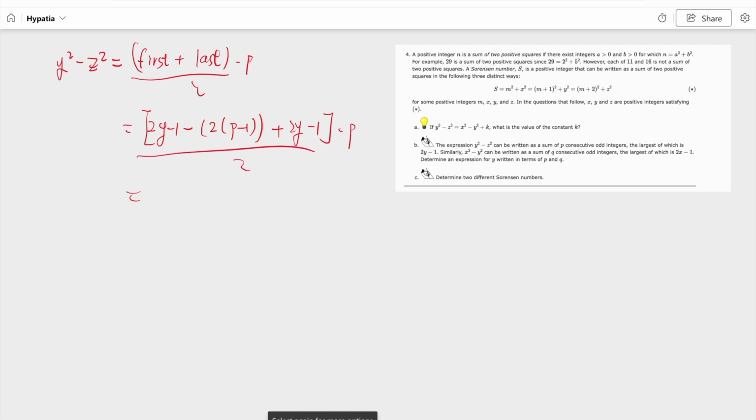After simplifying, I get the first important thing, 2y minus p times p, which is the sum of y squared minus z squared.